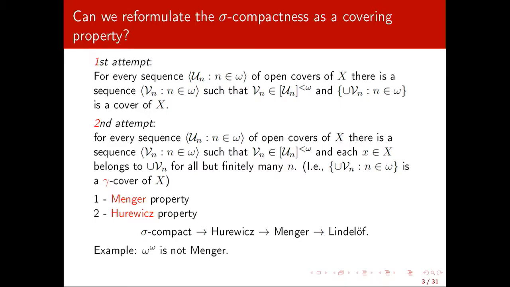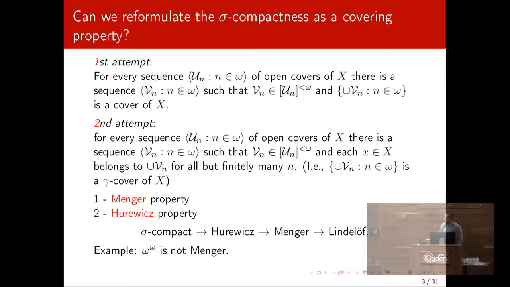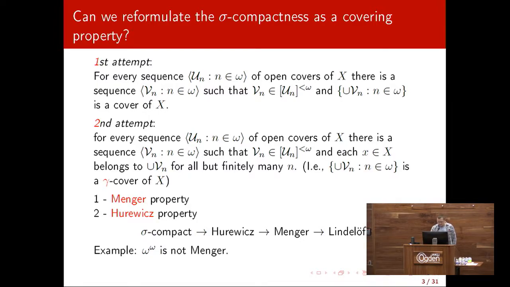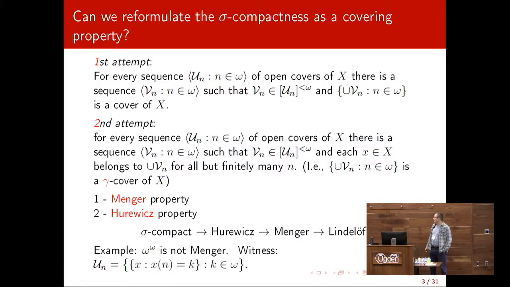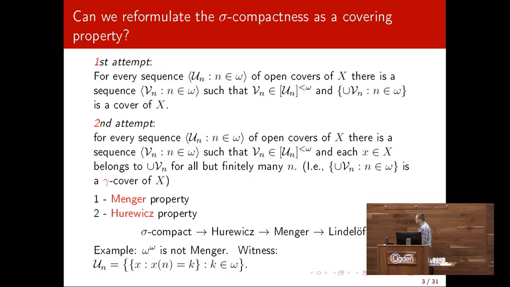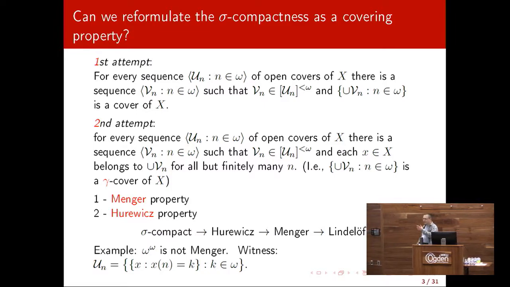And examples: not all Lindelöf spaces are Menger. Namely, the classical example is the Baire space, homeomorphic to the irrationals. And here is the sequence of open covers witnessing that it fails to be Menger. Namely, open cover number n just tells you what the nth coordinate of the sequence is.